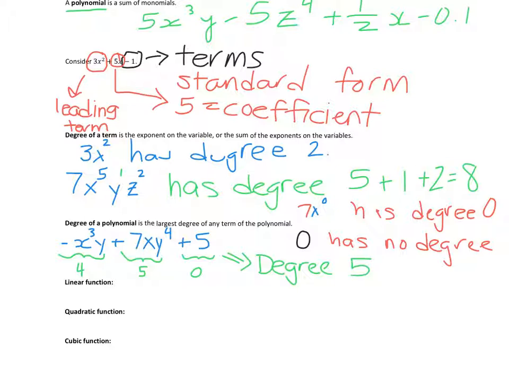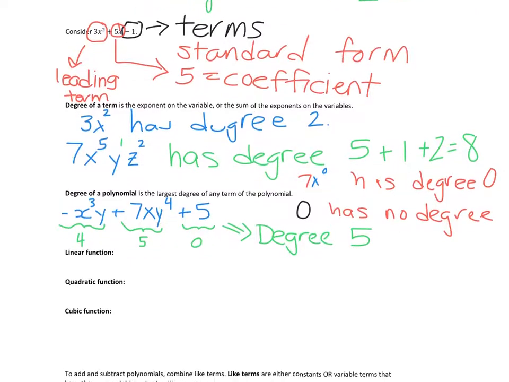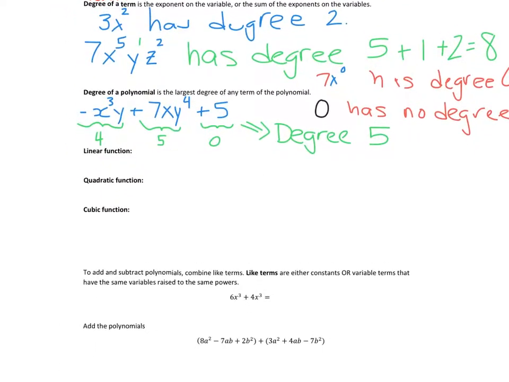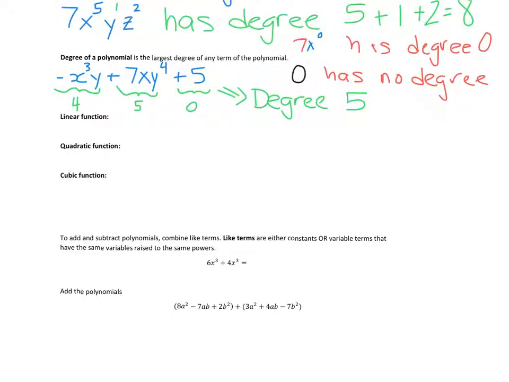Okay, so we're going to be looking at specific degrees, and linear polynomials or linear functions have degree 1. We know that. So that's like your 4x plus 9, for instance.